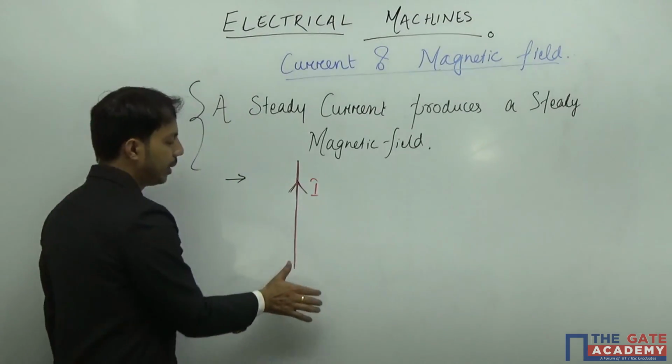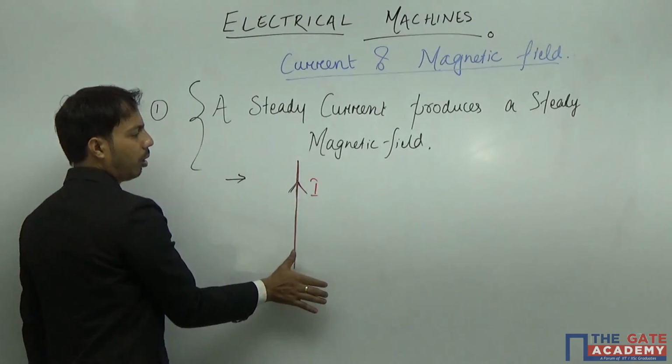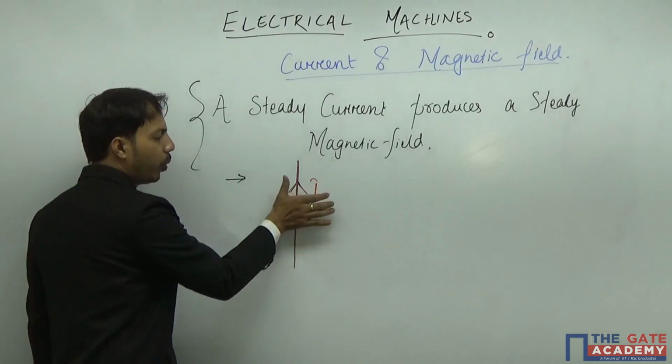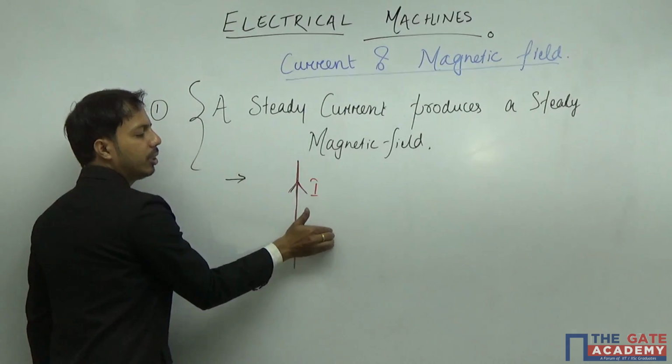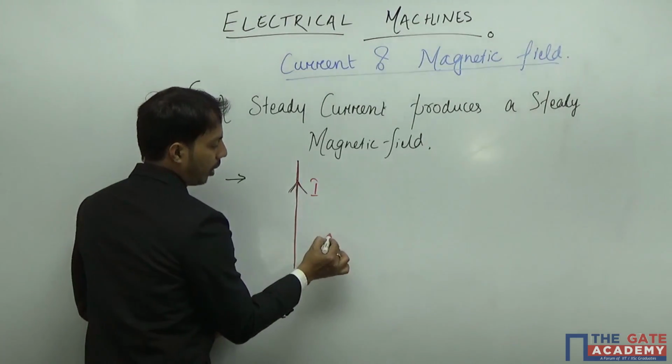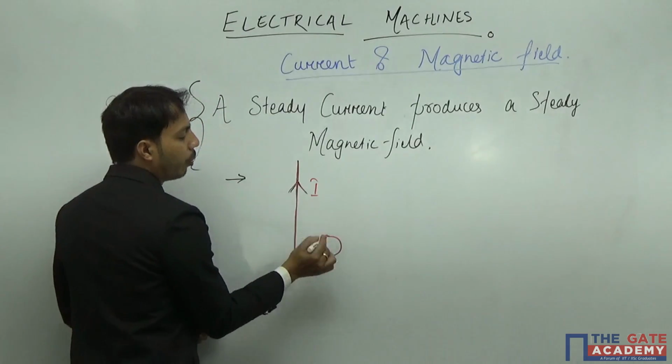Say this is the conductor and the current is going upwards, so the field will be in this way. At this particular point, it is going inside.